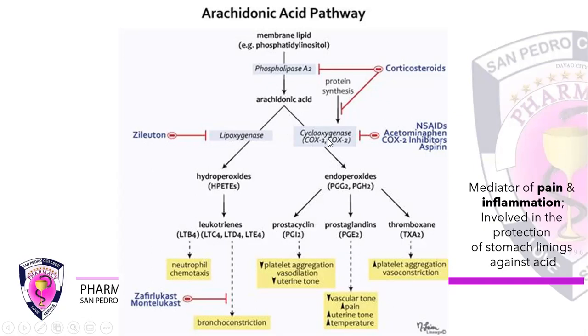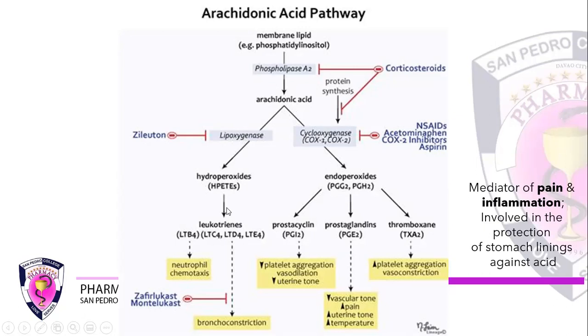Now, since aspirin inhibits the COX enzyme, nothing will metabolize the arachidonic acid. So instead of going to COX, the arachidonic acid will go to the LOX pathway. Since COX is inhibited, arachidonic acid has no option but to proceed to the LOX pathway.